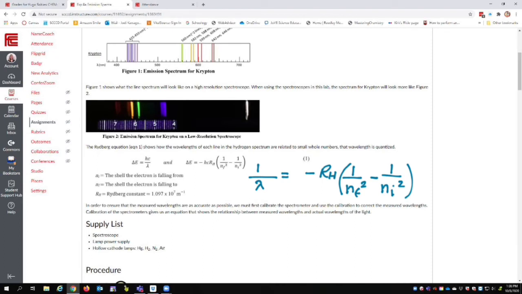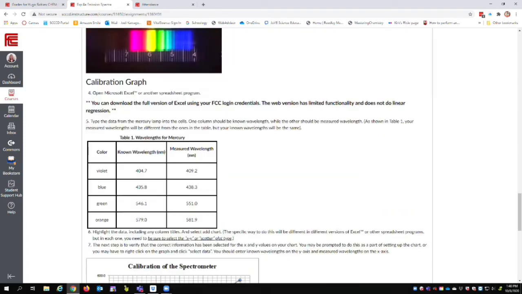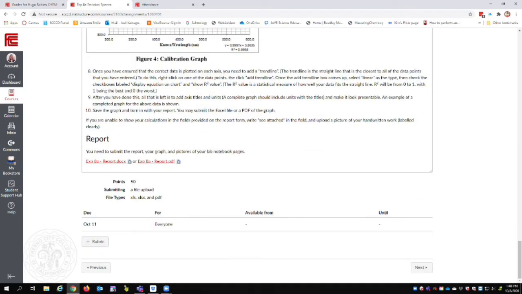And the data here is not going to give us perfectly the Rydberg constant, but it's going to give us very close. So if you're off by more than a factor of 100, your calculation is to blame. It's not the data. How do we know what nf and ni are? Actually, for that, we need to look at the report sheet.